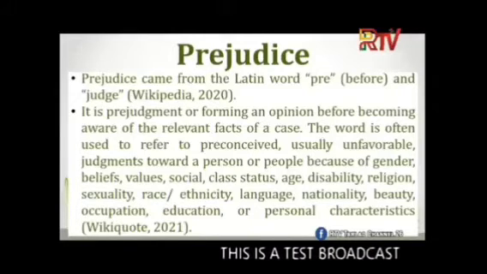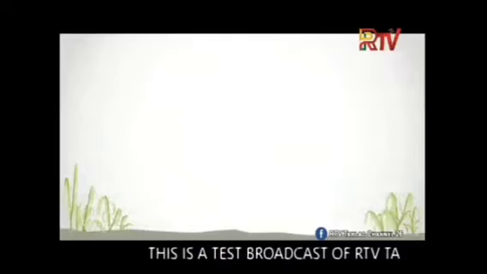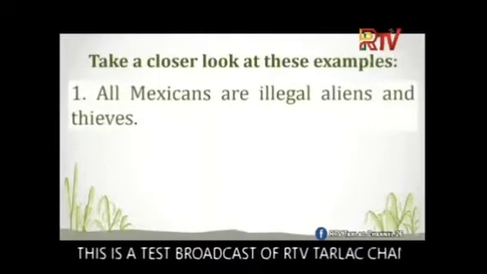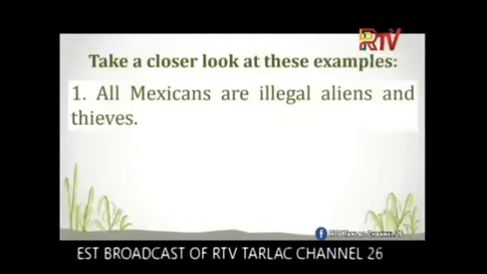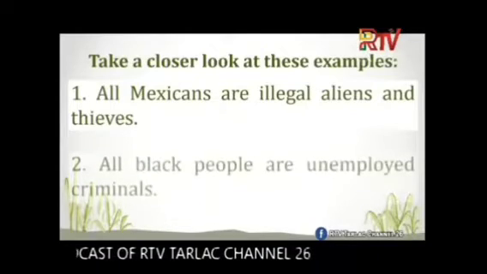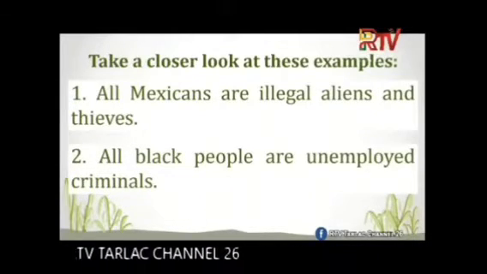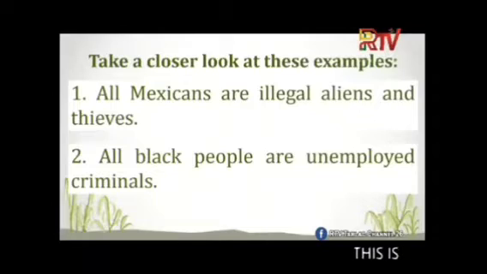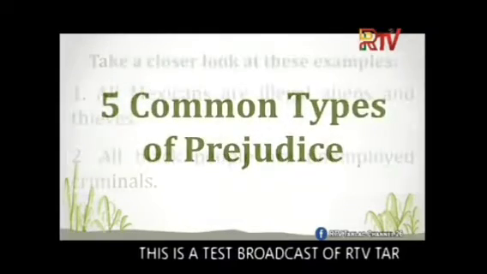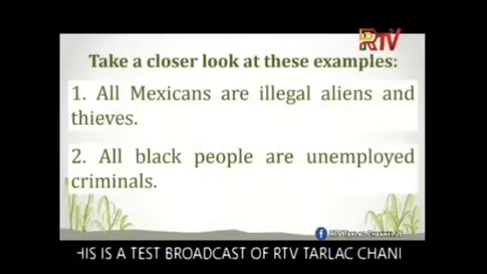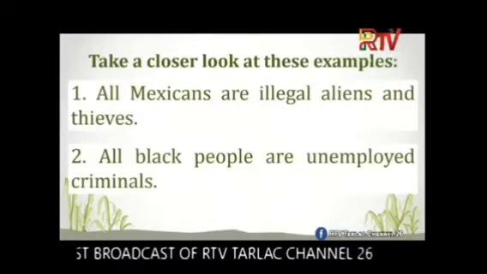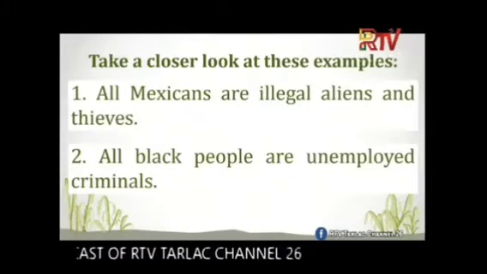Take a closer look at these examples. All Mexicans are illegal aliens and thieves. All black people are unemployed criminals. Now, both sentences are showing strong, insulting, and negative judgment and opinion toward the Mexican people and the black people.